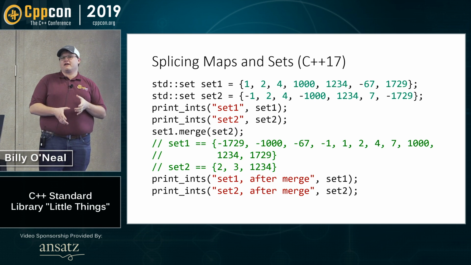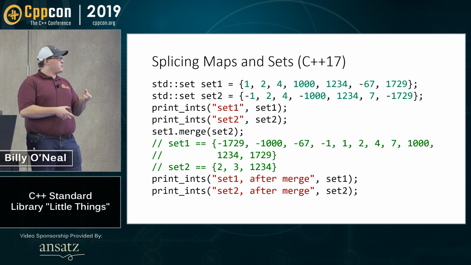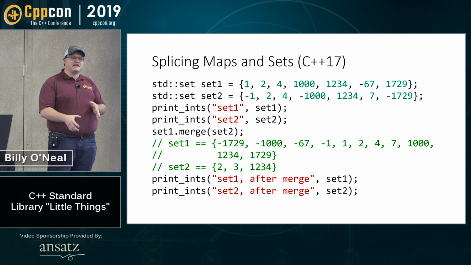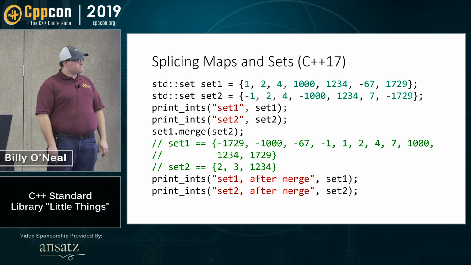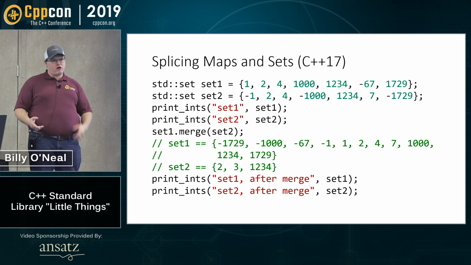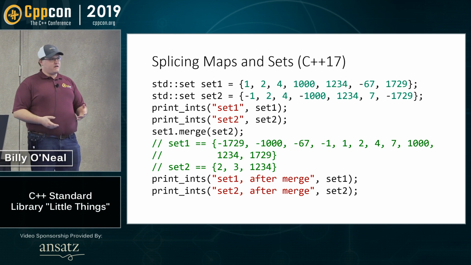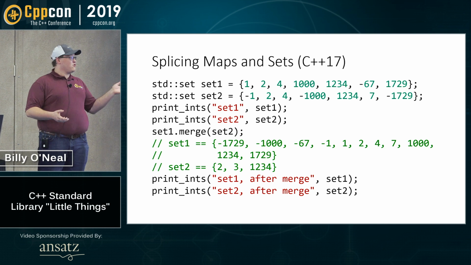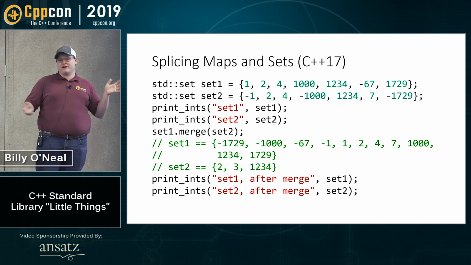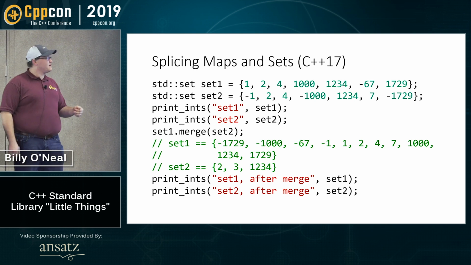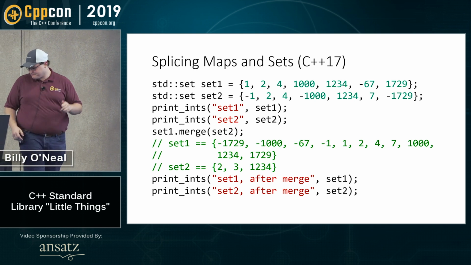Because that element was in both sets, when you call merge, it's left alone. It stays in the source set. So if you want to answer the question, tell me the entries in this set that were already present in this other set, if you're okay with merging them together like this, this might be better, depending on what your data looks like, to answer questions like this.